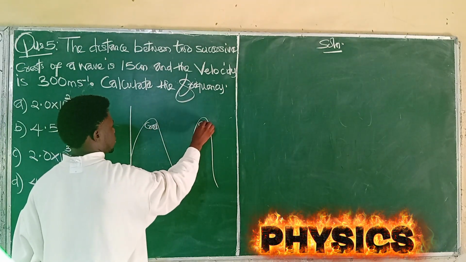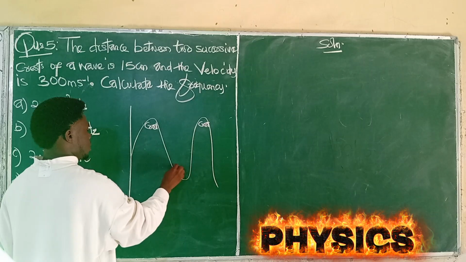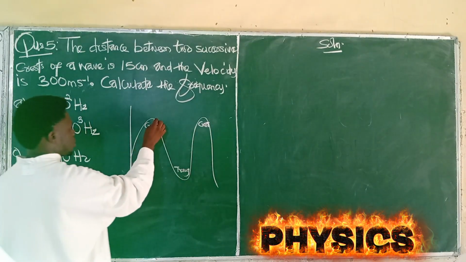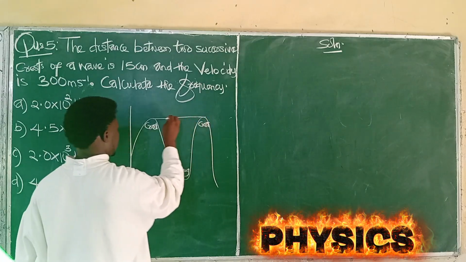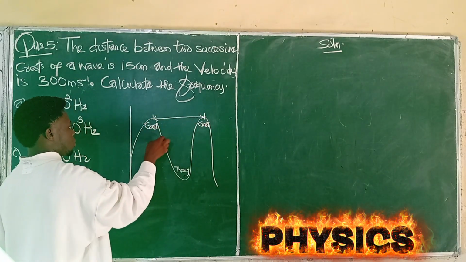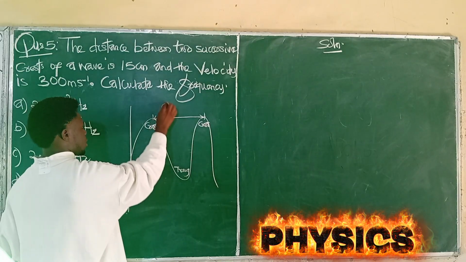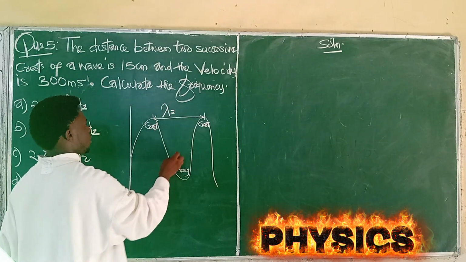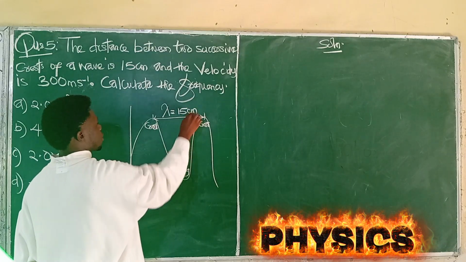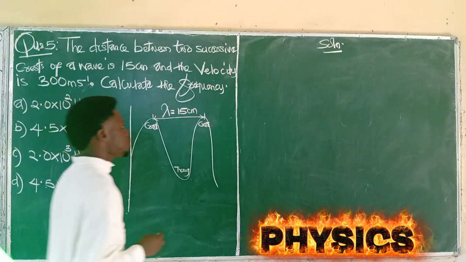Here's another crest. This portion is called the trough. So take note, the distance between 2 successive crests, from this point down to this point, is called wavelength, and it is denoted as lambda, which is given as 15 centimeters. So that is the first parameter on the board.